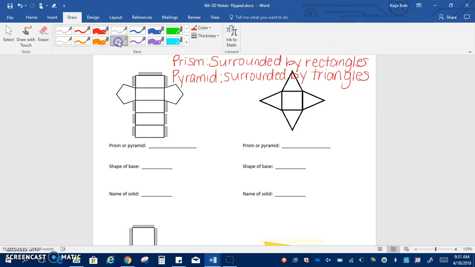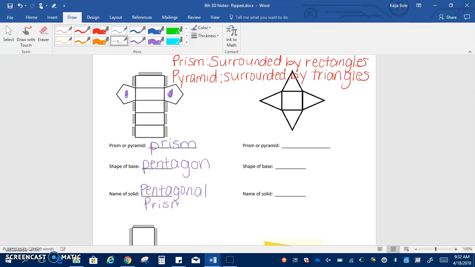So to fill these out, first it asks prism or pyramid. So this bottom shape is surrounded by rectangles, so this is a prism. The shape of our base, this here where I'm putting my purple dots, these are our bases. And if we count up, these have 5 sides, so these are a pentagon. And then the name of the solid would be a pentagonal prism.